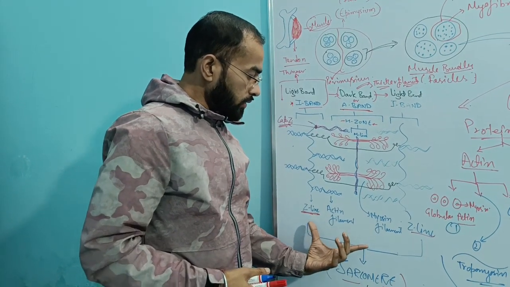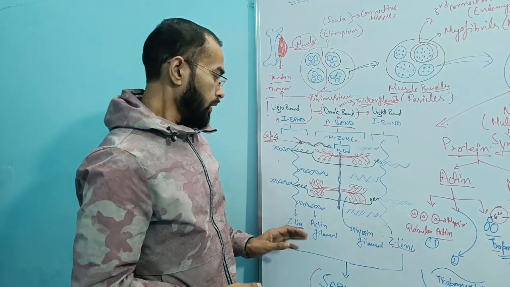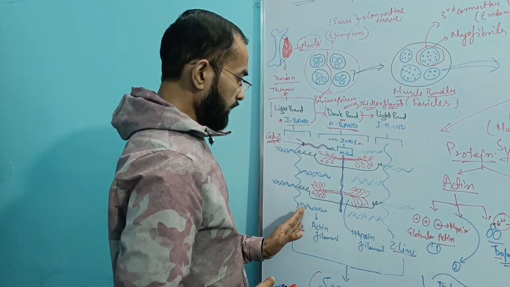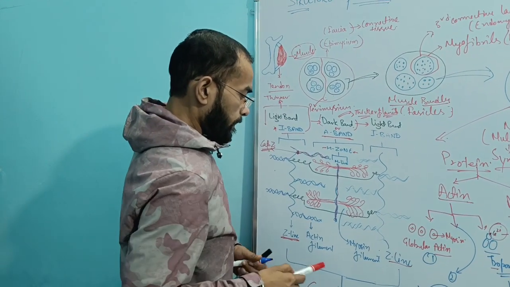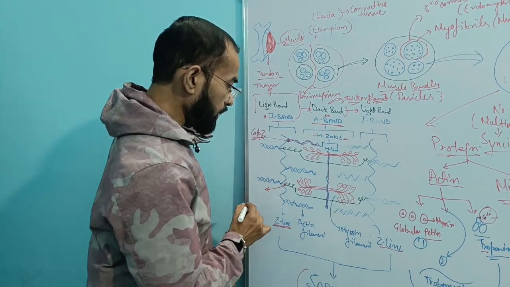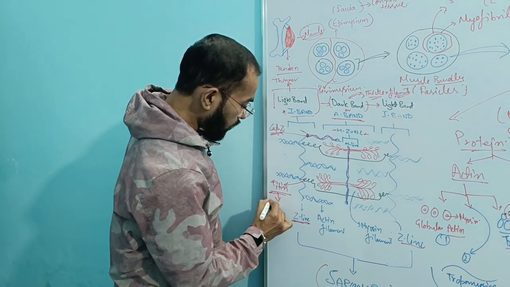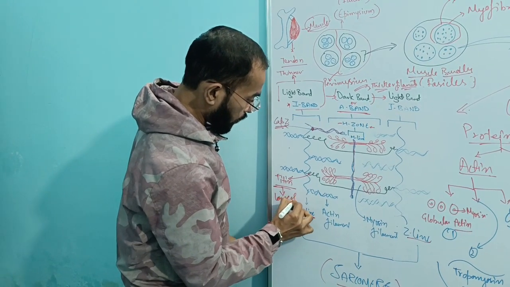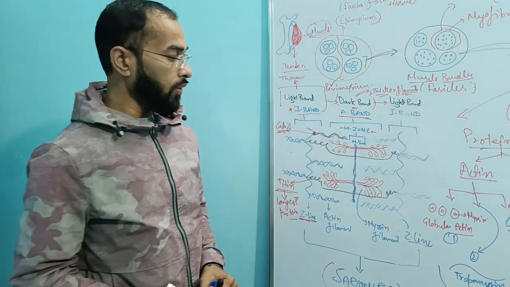And the region between two consecutive Z lines is known as sarcomere. Z line connects with the actin filament and it also connects with a protein known as titin. Titin is the longest protein of the human body.